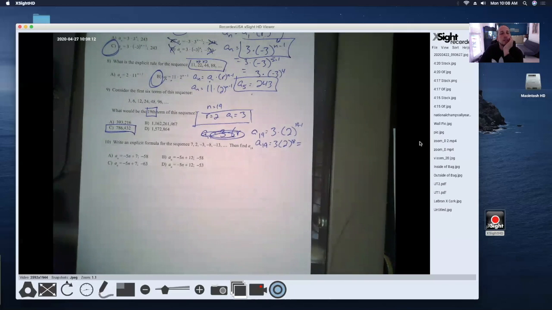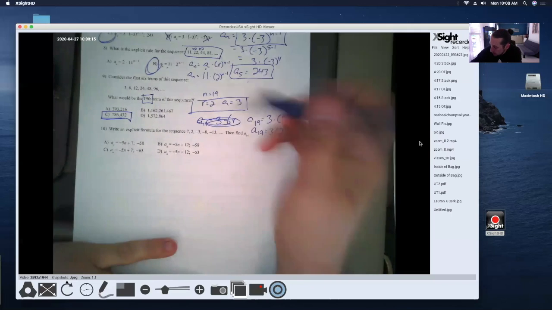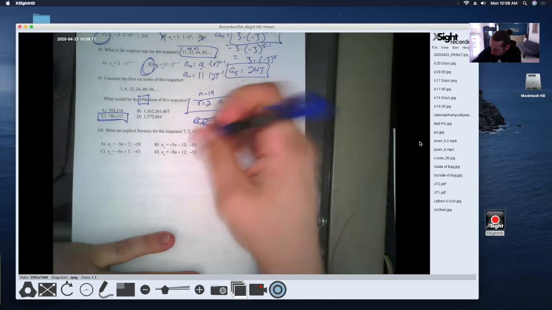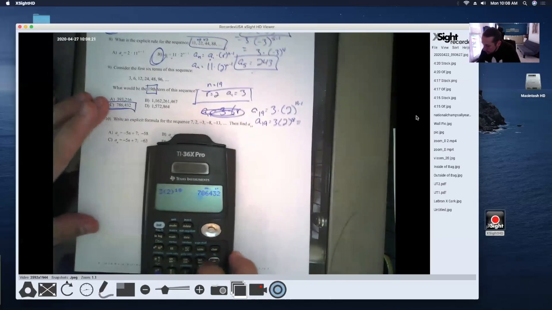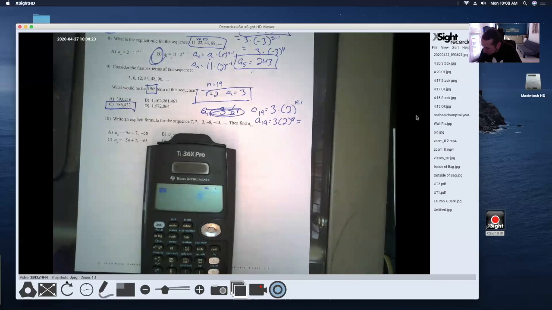Number 10, the explicit formula for the sequence. Okay, looking at this, I use my calculator to figure out what kind of sequence this is. Second term minus first term, third term minus second term, fourth term minus third term.